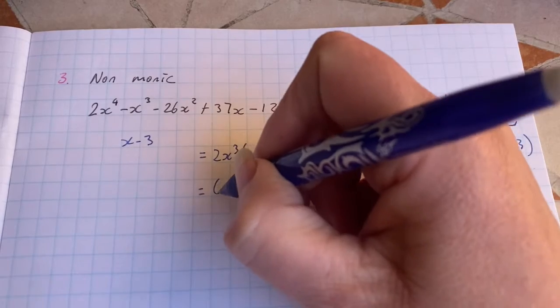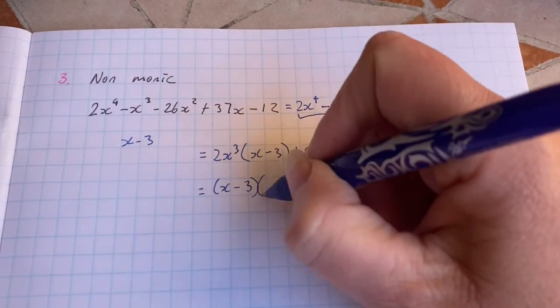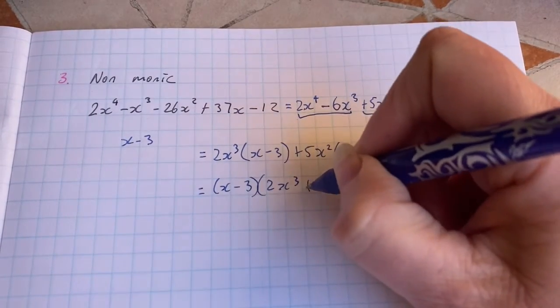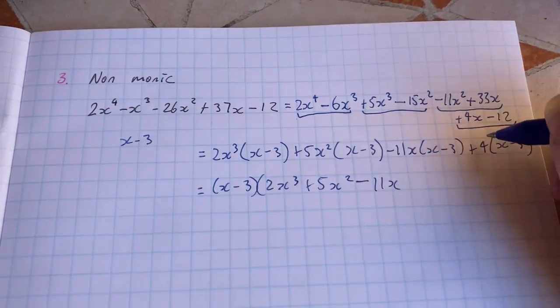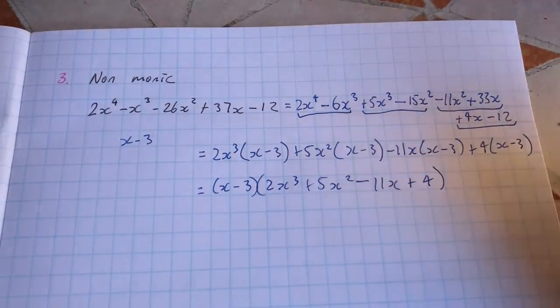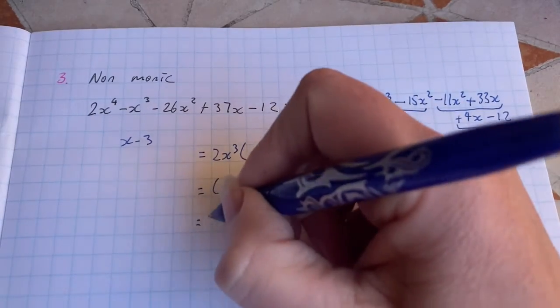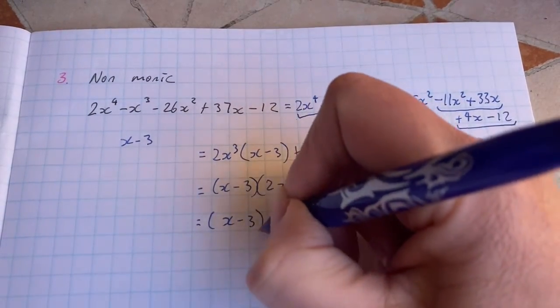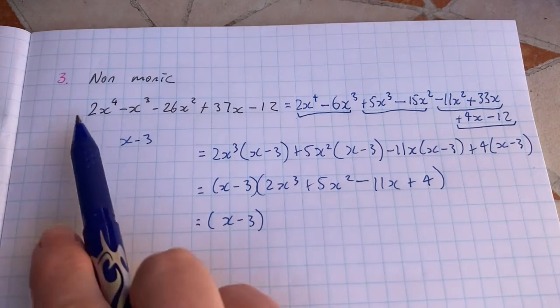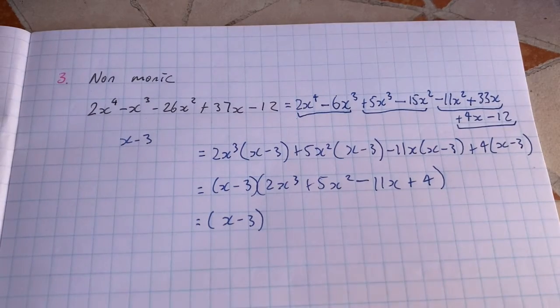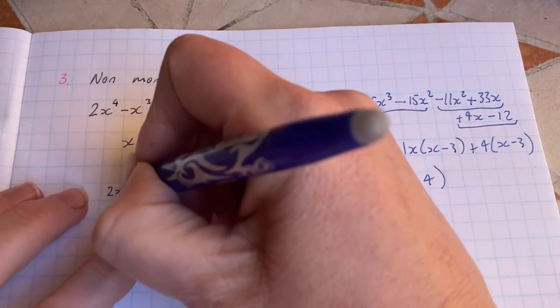Take the x minus 3 out, and we've got 2x cubed plus 5x squared minus 11x plus 4. And now we need to repeat the process on that second one. So I'm actually, just for the fun of it, going to pull out the factor with the 2. That factor is 2x minus 1.